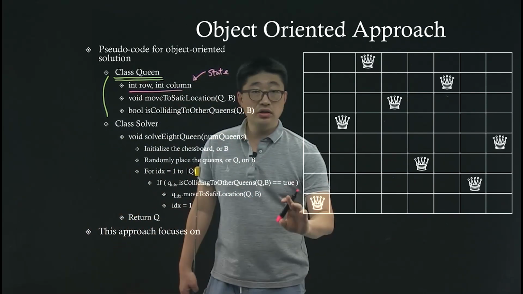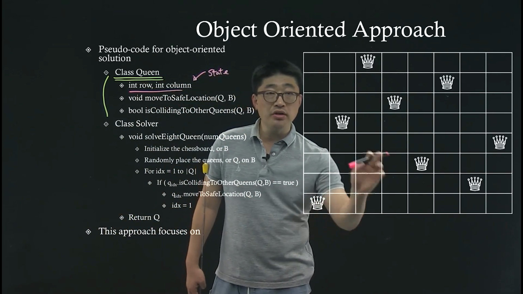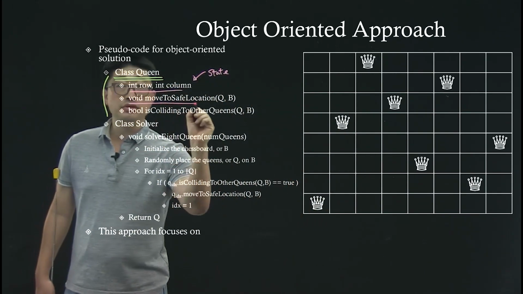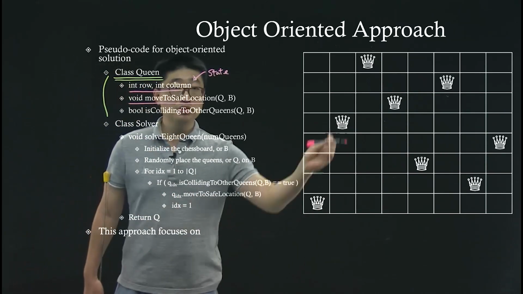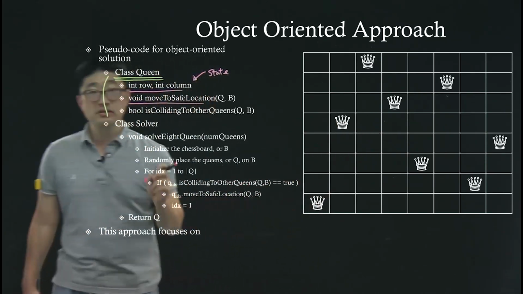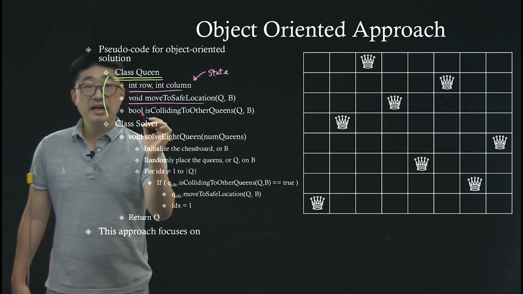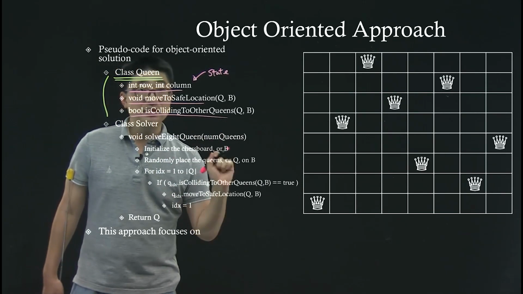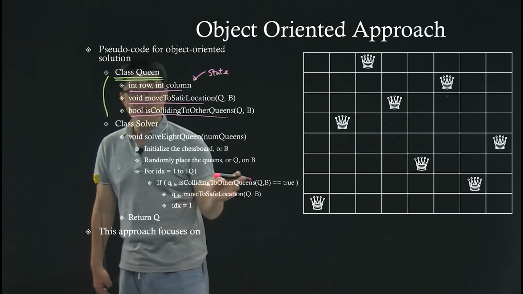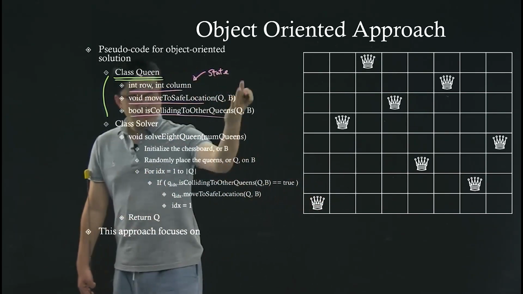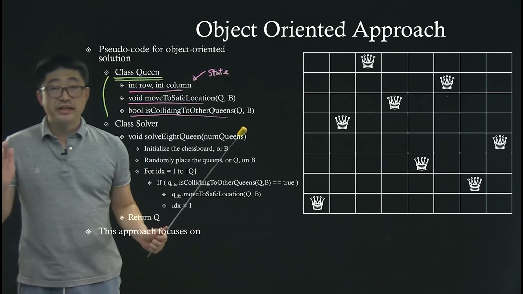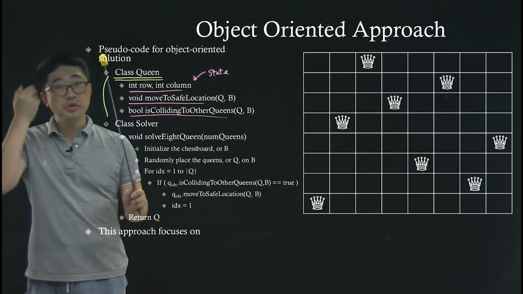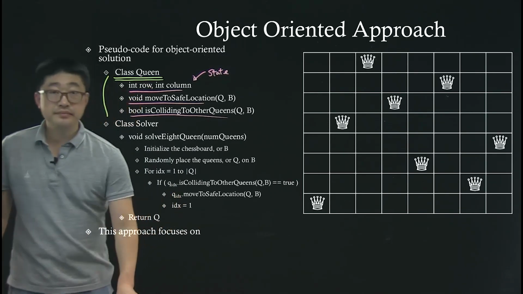This queen can move to some other, safer place, so let's say move to safe location, somewhere safe. And then this Boolean function checks whether it is colliding with other queens or not, given the context, the environment, and the other queens. So we provide class Queen.